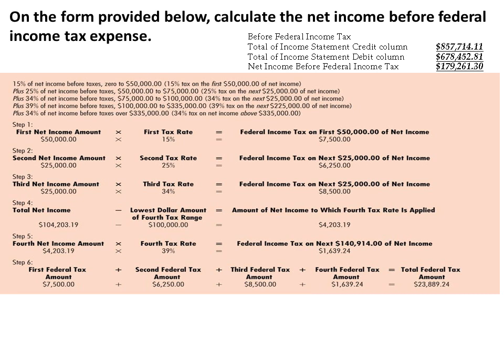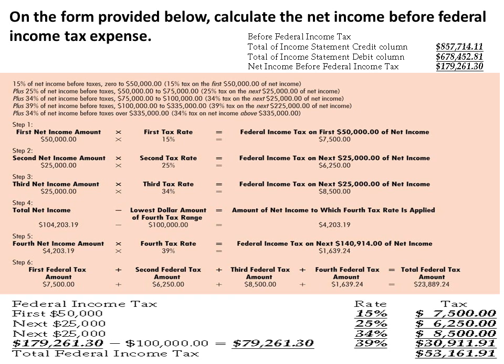In this case we have $179,261.30. Our first 50,000 was at a rate of 15%, so our tax is $7,500. Our next 25,000 was at 25%, which is $6,250. The next 25,000 was at 34%, which gives us $8,500.